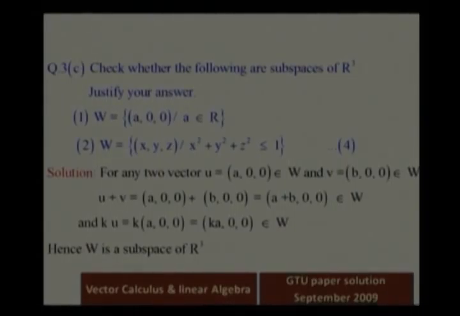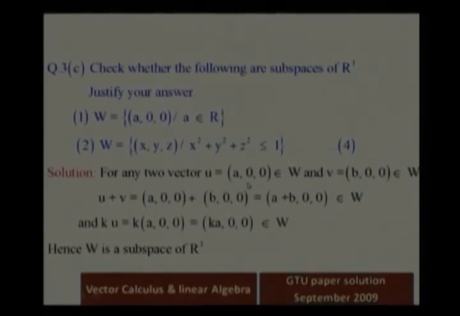If we take particular u and v and prove that u plus v is not in the set, or the scalar multiplication is not in the set, then it's enough to prove that the given set is not a subspace.